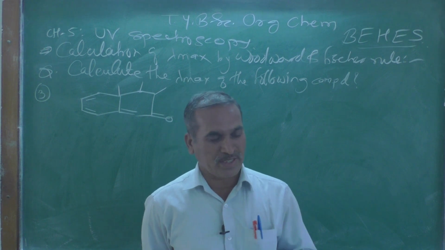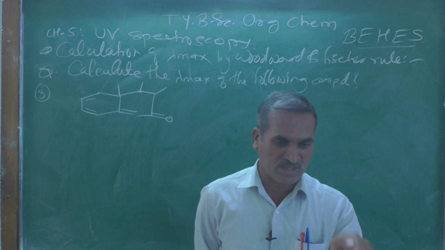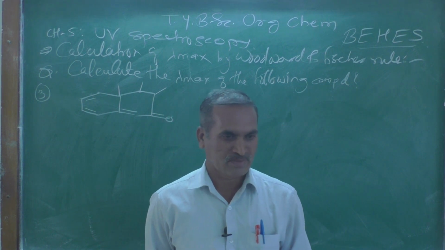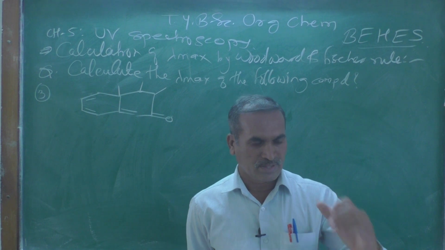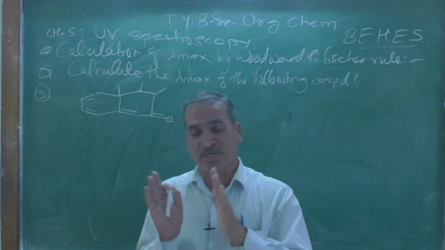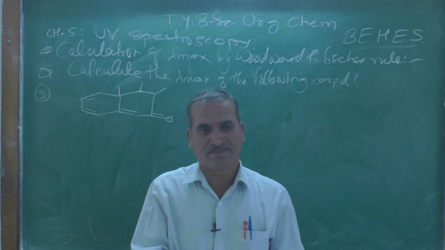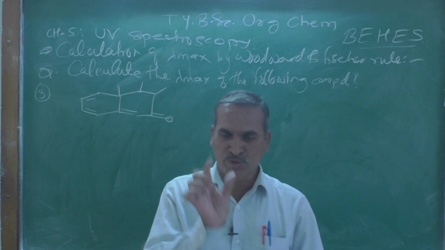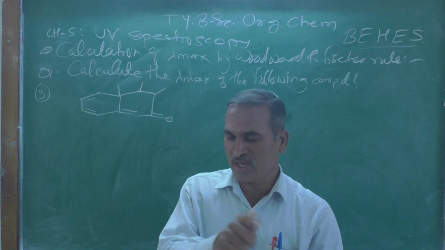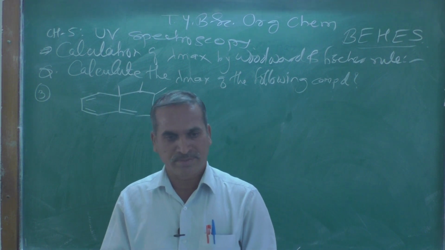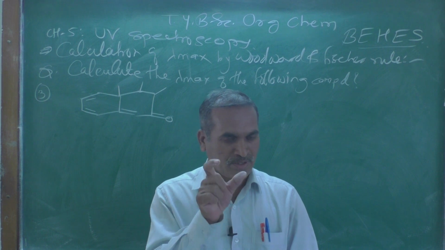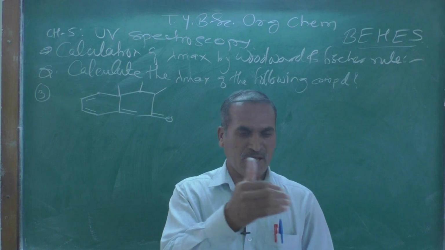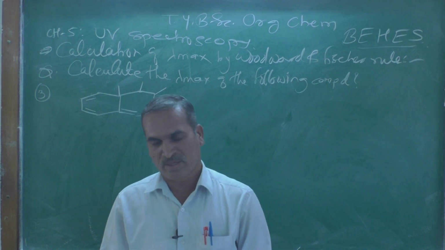Depending upon what type of substituent is present on alpha, beta and so on, that is the main difference between the diene system and the enone system. You should remember this very prominent distinction between the diene system and the enone system.